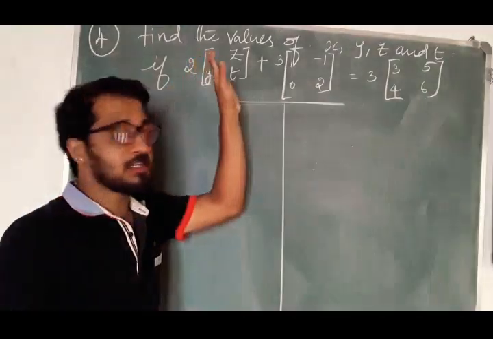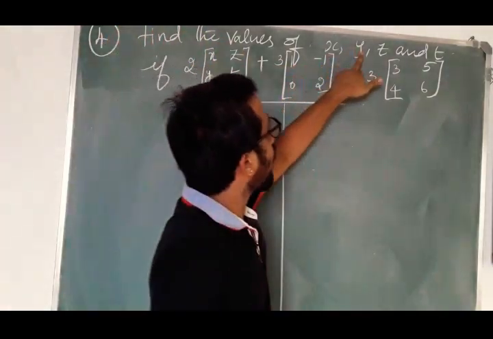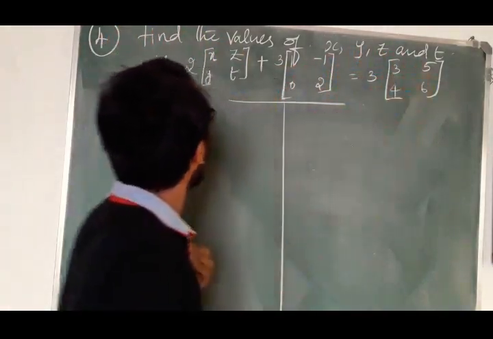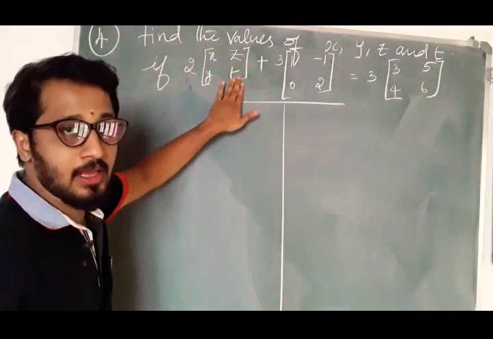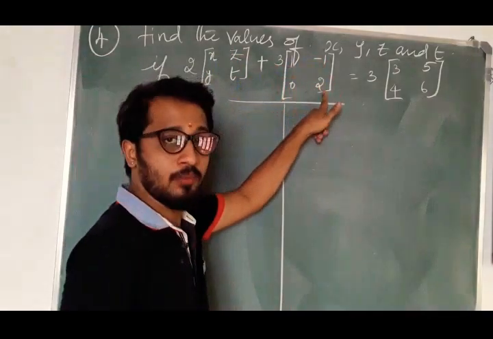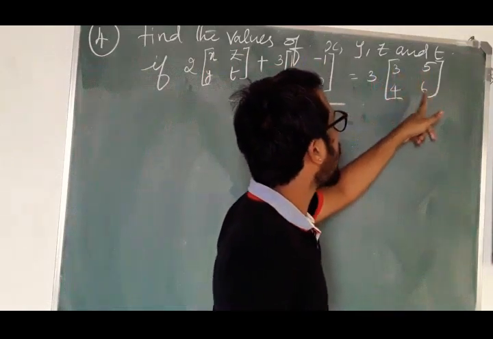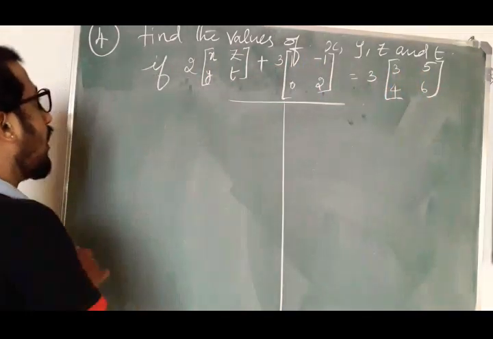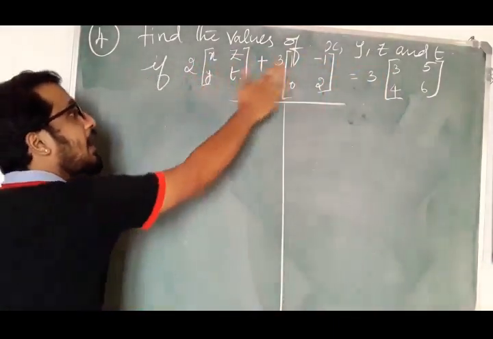Fourth question. Find the values of x, y, z and t if 2 into [x, z, y, t] plus 3 into [1, -1, 0, 2] is equal to 3 into [3, 5, 4, 6]. Left hand side and right hand side is a concept of scalar multiplication.